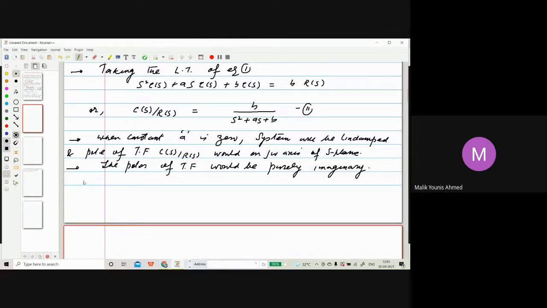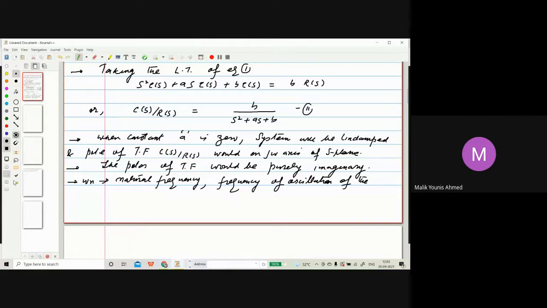So let us say here, omega n is the natural frequency, which is the frequency of the oscillations of the system. So it is without damping.